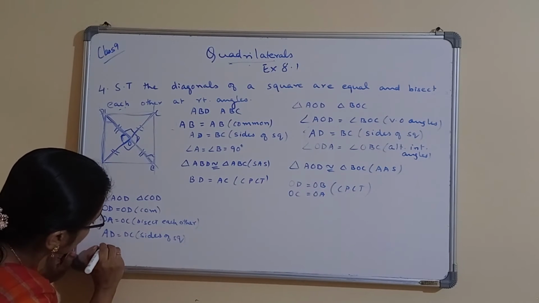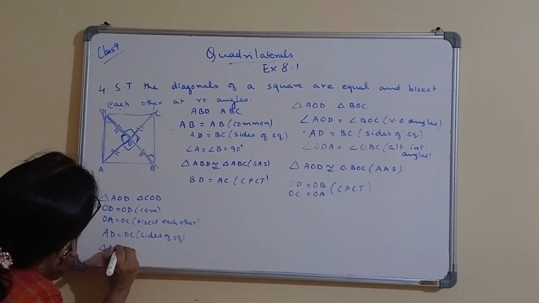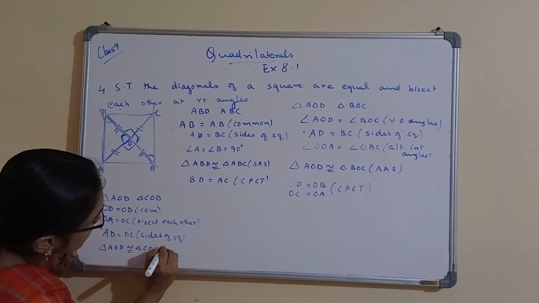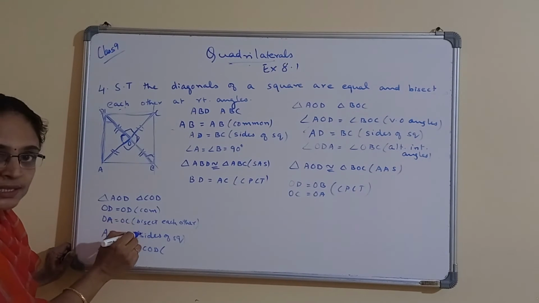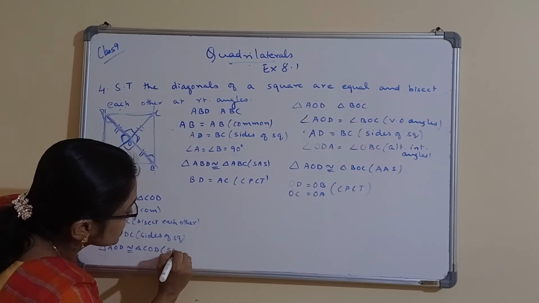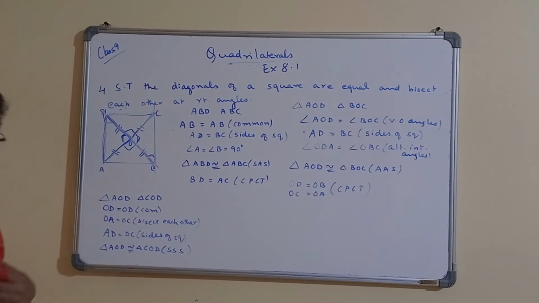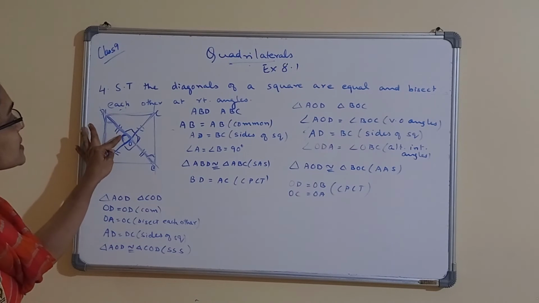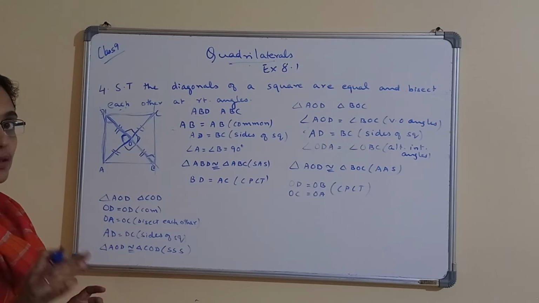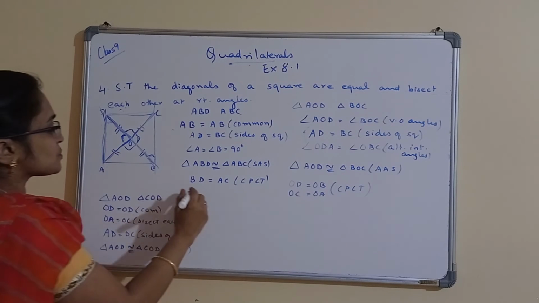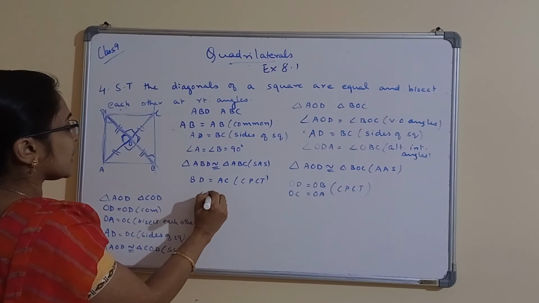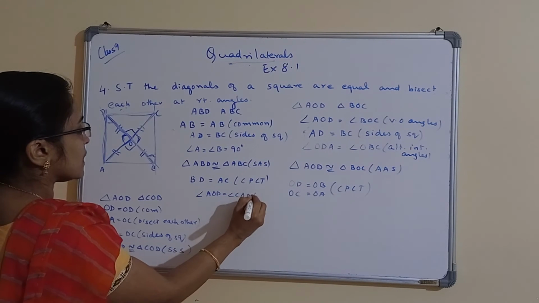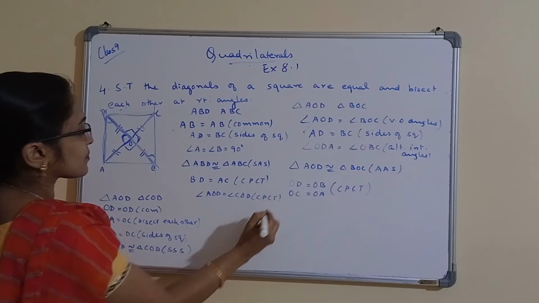So triangle AOD is congruent to triangle COD, as we have got three sides equal, by SSS congruence rule. These two angles are the corresponding angles of these two congruent triangles, which means angle AOD is equal to angle COD by CPCT.